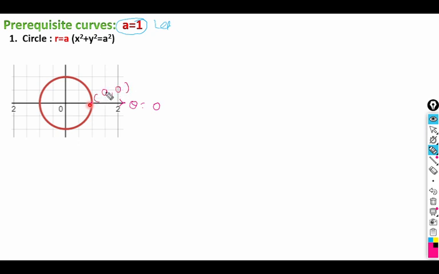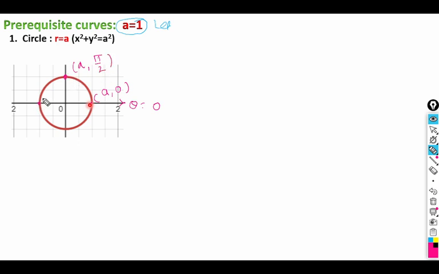This is the important thing. Now you may think, yes, this is like the xy plane only. In xy, yes, the coordinates are a 0 only, but here the first a is r and the second is theta. So a comma 0 is r comma theta. Now you should guess what will be the coordinate of this point. The coordinate of this point in polar will be, see, r is a only, the length is a, and for theta equal to pi by 2, a comma pi by 2 will be the coordinate of this point.